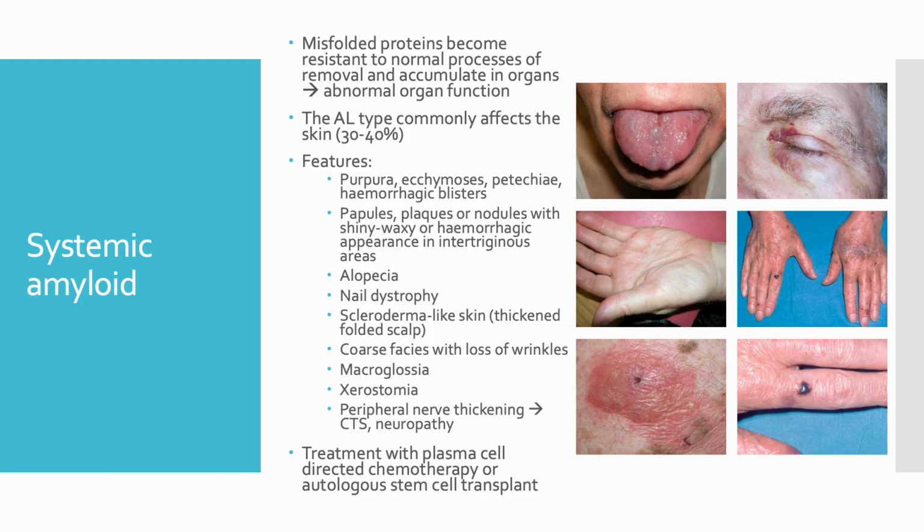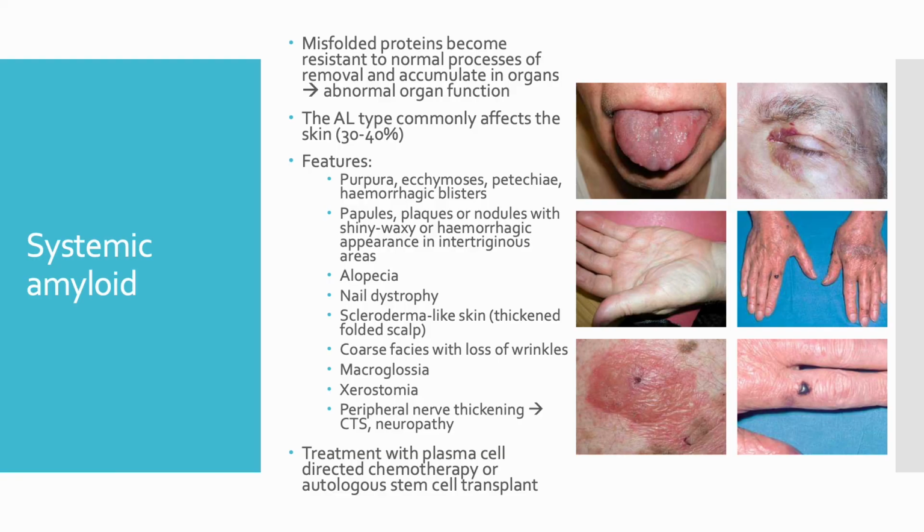So AL amyloid: periocular purpura, macroglossia, carpal tunnel syndrome, shiny deposits under the skin, easy bruising and bleeding, and hemorrhagic blisters. It is associated with the laydown of amyloid, particularly in the kidneys and heart, and it has a very poor prognosis, and the average duration of time from diagnosis to death is about 18 months.